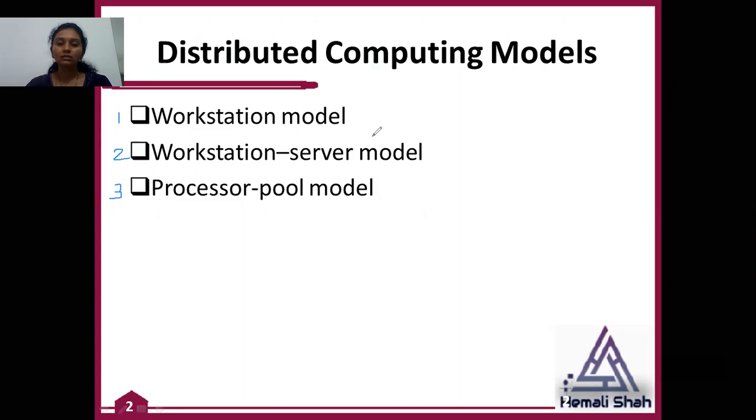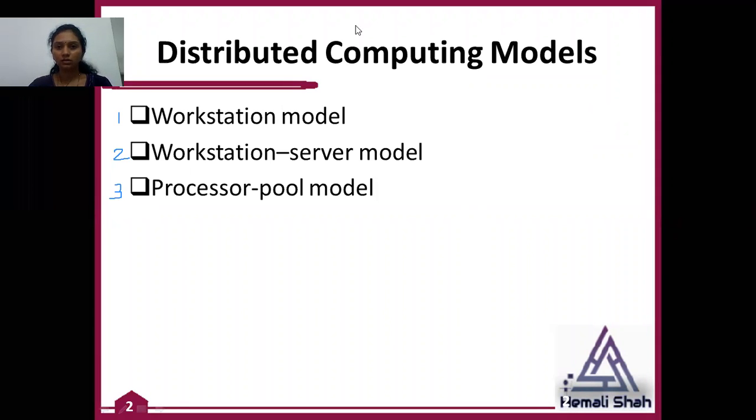The terminal provides the interaction between the process and the user. So the term workstation means the computer by which the user can access the programs. You can call it a computer or a terminal also.